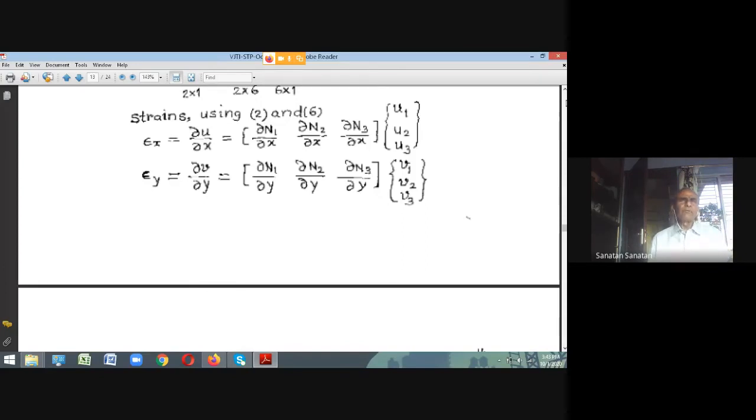Similarly, v equals alpha 4 plus alpha 5 x plus alpha 6 y. So you have to determine these generalized coordinates alpha 1 to alpha 3, alpha 4 to alpha 6, and we have shown that they can be easily determined in terms of the displacements at the corners, the heights of the tile edges at the three corners.